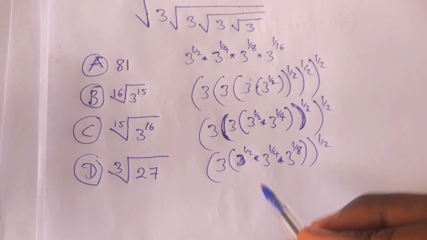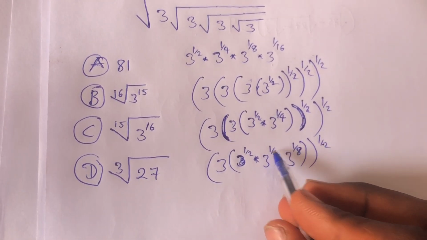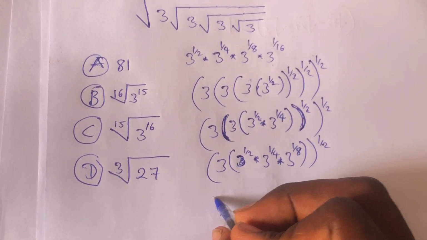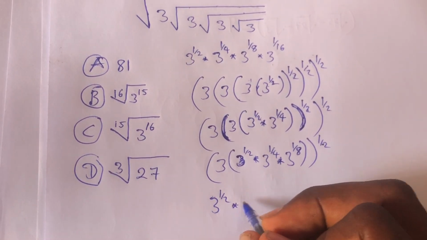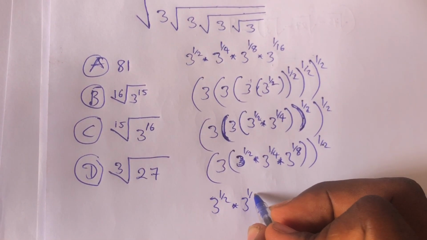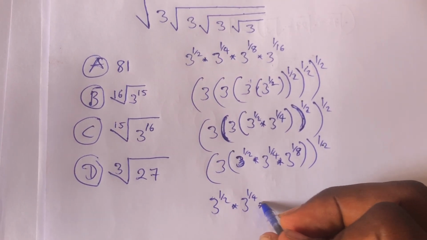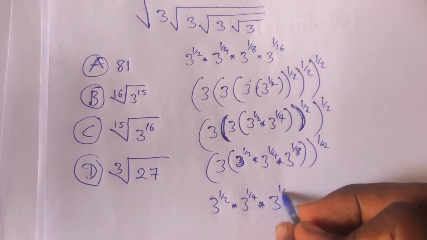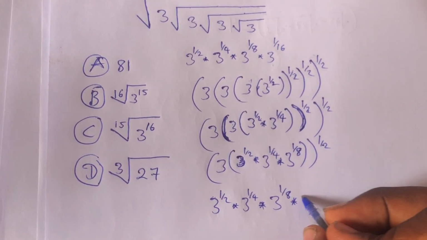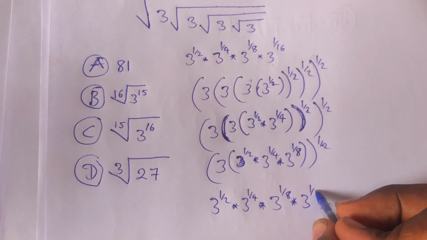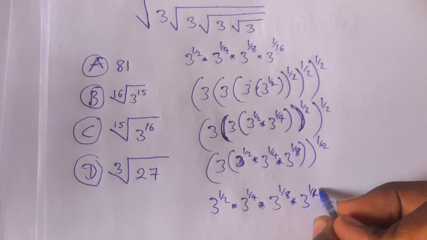So likewise, we distribute again, and we have 3 raised to power 1 over 2 times 3 raised to power 1 over 4 times 3 raised to power 1 over 8 times 3 raised to power 1 over 16.